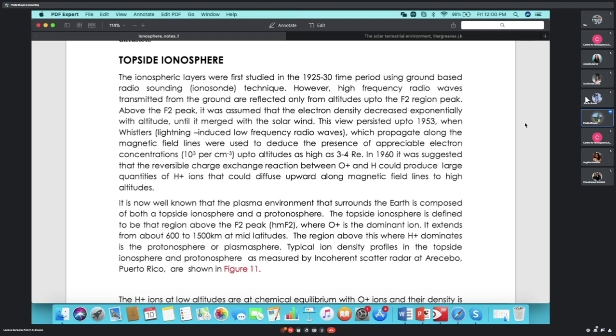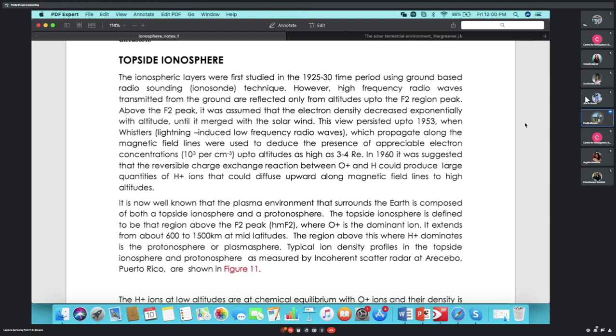At middle latitudes, we have processes which do not normally occur in the low latitudes, and the high latitude ionosphere is completely different from your middle and low latitudes. So we should at least know the processes which dominate the ionosphere. That's why these three segments.